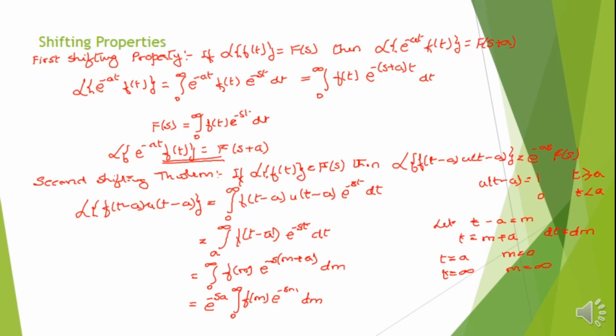So the integral of f of m e to the power minus sm dm is the same as F of s. So the Laplace transform of f of t minus a u of t minus a equals e to the power minus as F of s.